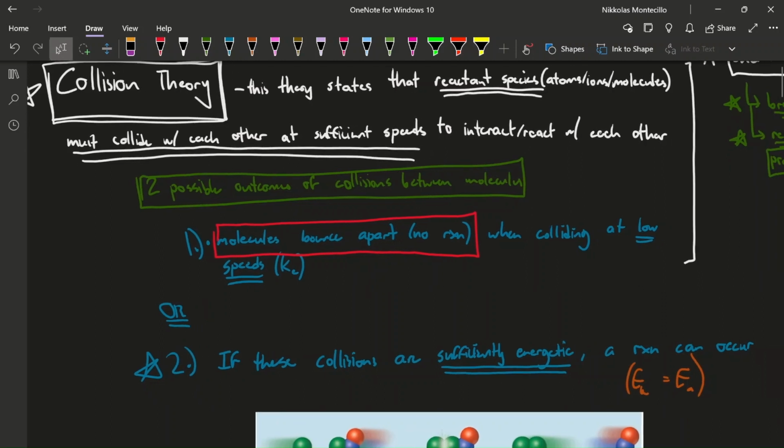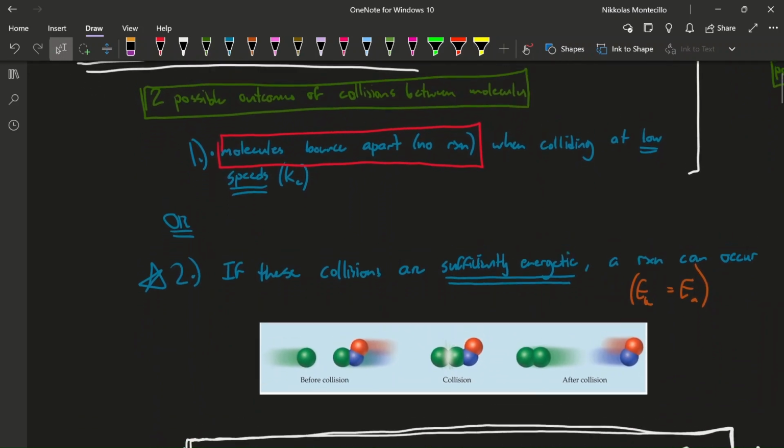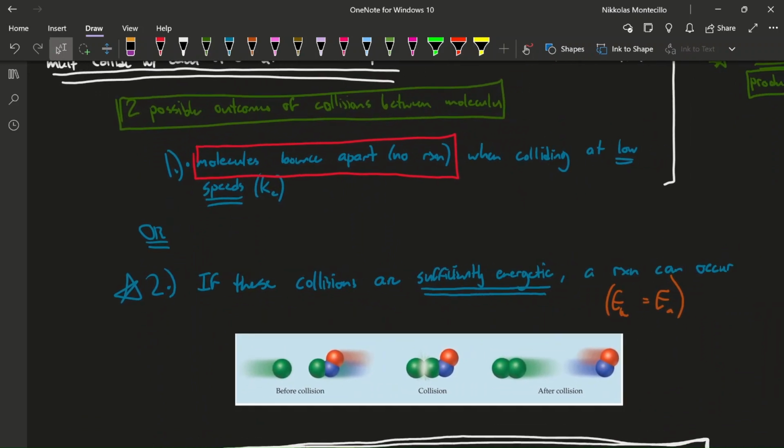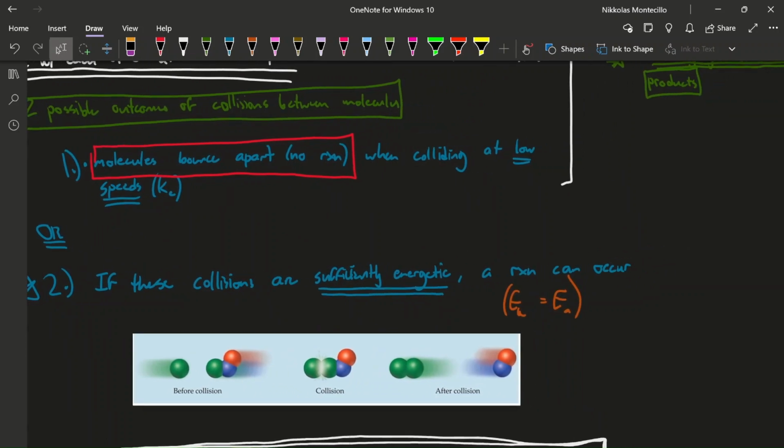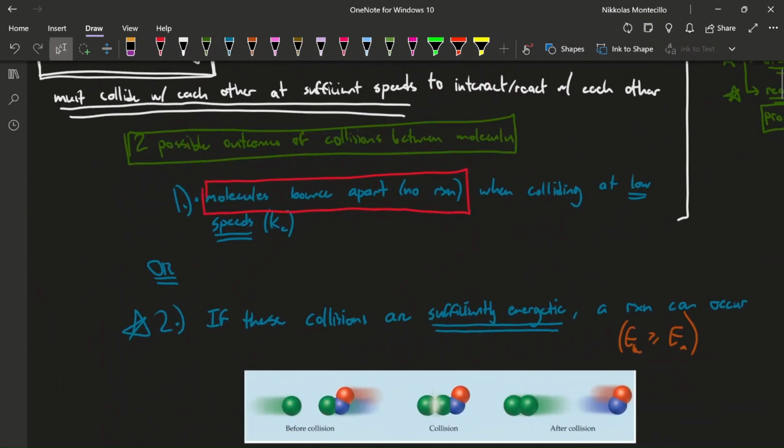However, the second outcome, which we're going to look at today, is if these collisions are sufficiently energetic, a reaction can occur, where the EK is greater than or equal to the activation energy, which we'll also get into in a bit. But for now, let's just consider this.